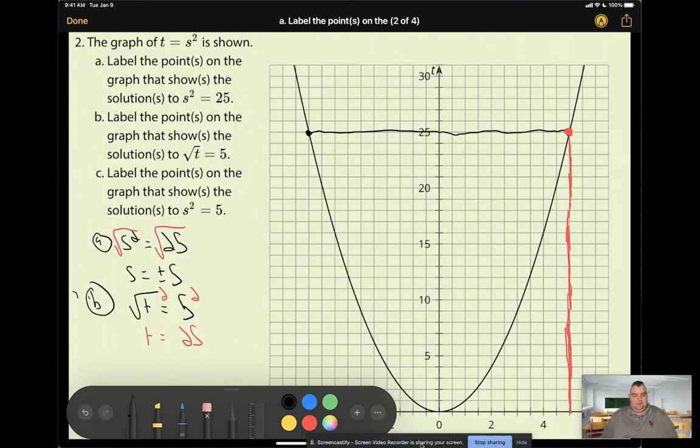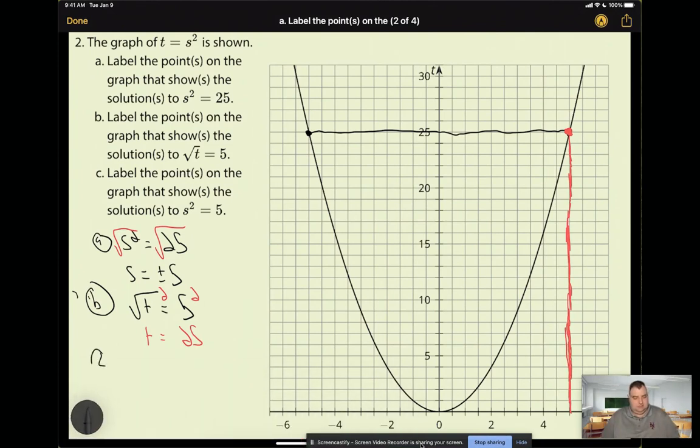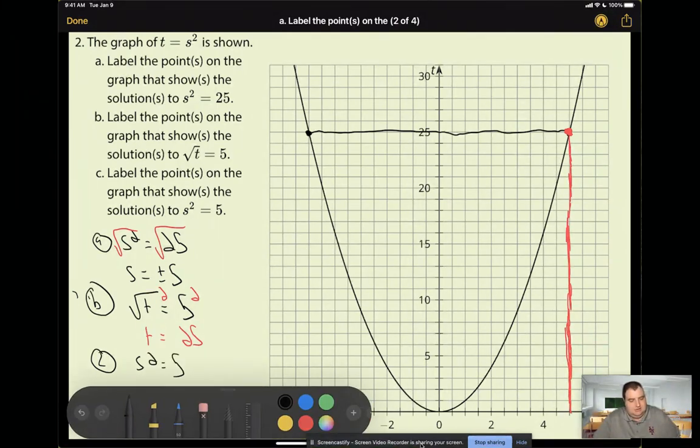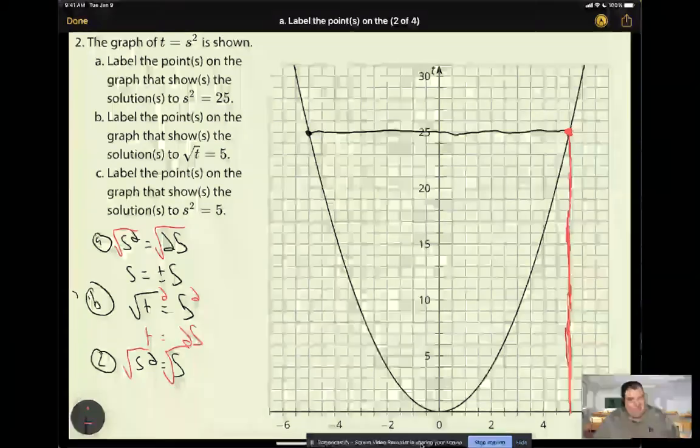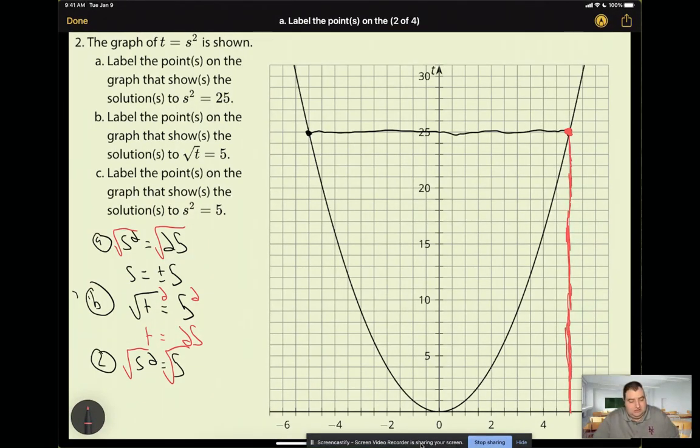Okay. And then C, label the points on the graph that show the solutions to s squared equals 5. So I'm going to do this just like I did part A. I'm going to square root both sides. And because I'm square rooting in order to solve something, I have to do the plus and minus. So this is going to be positive and negative square root of 5, which is a non-perfect square.